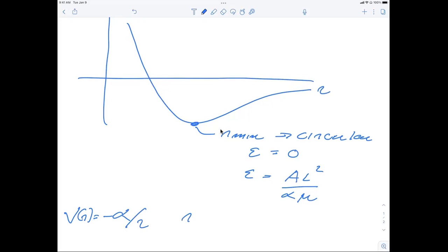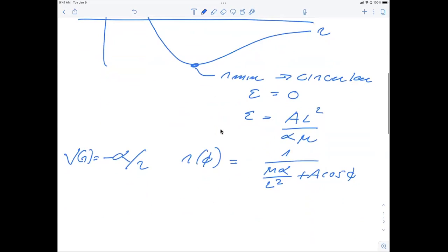We had a solution of R as a function of the angle, let me just rewrite it. So it was given by 1 divided by R equals mu, reduced mass, divided by angular momentum squared, plus A times cosine phi.